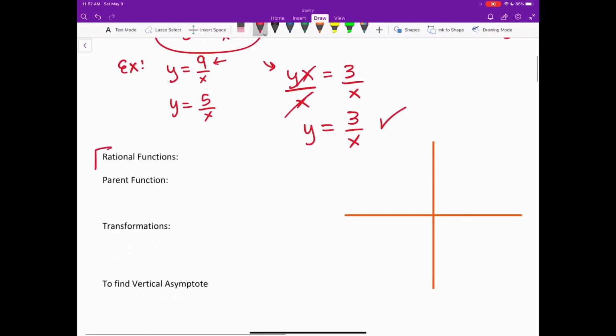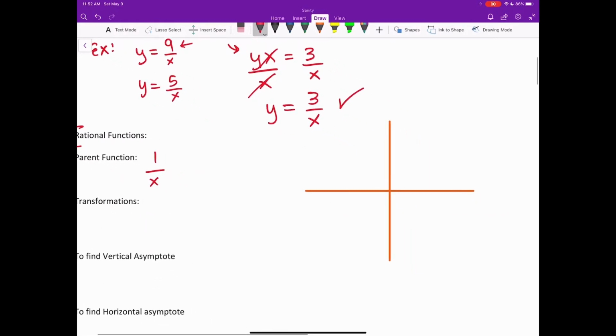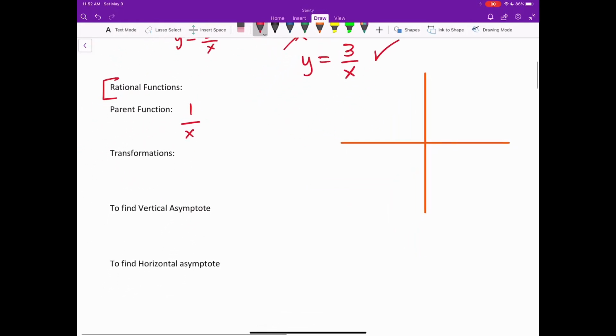Let's remember rational functions. We're always going to start with our parent function of 1 over x. We could also do transformations. So if this is f of x equals 1 over x, maybe you've got some transformations.